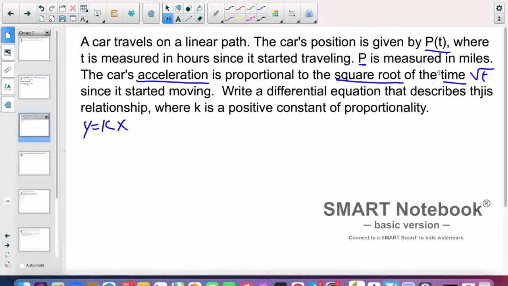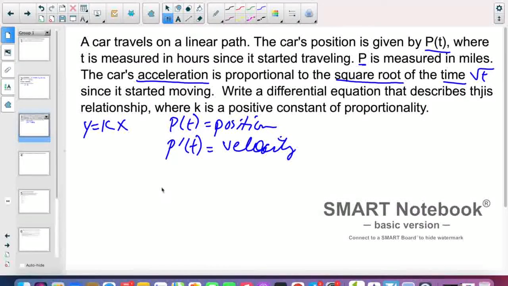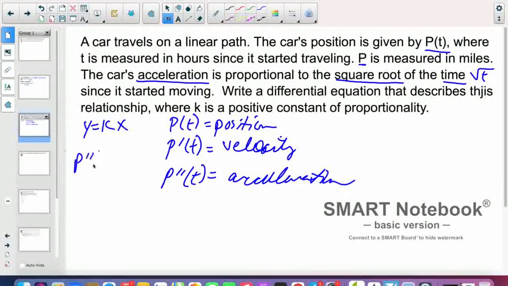If P of t is the position function, then wouldn't P prime of t be the velocity? And so then wouldn't P double prime of t be acceleration? So if they're saying the car's acceleration is proportional to the square root of the time, then our formula would be P double prime of t is equal to k times the square root of t.